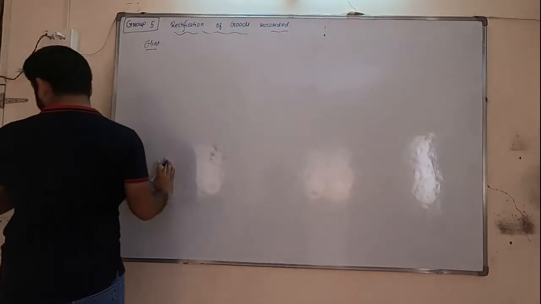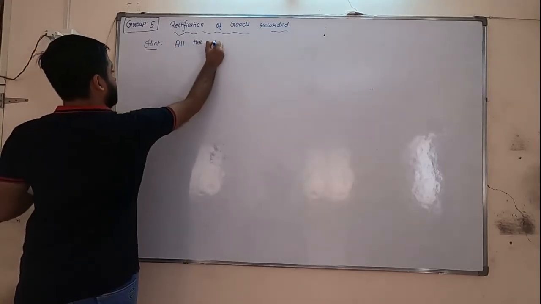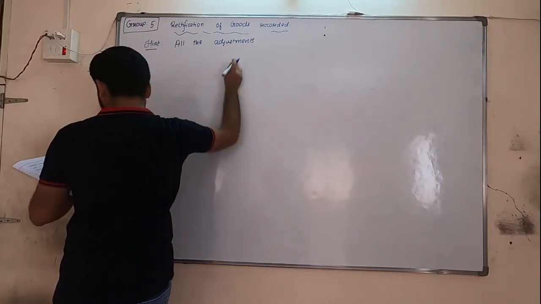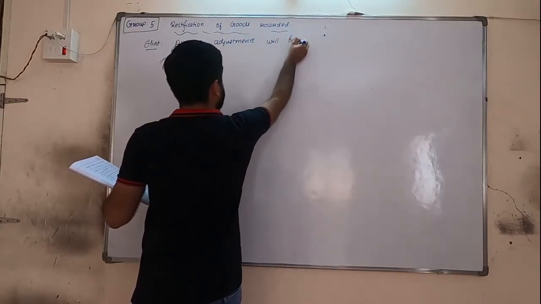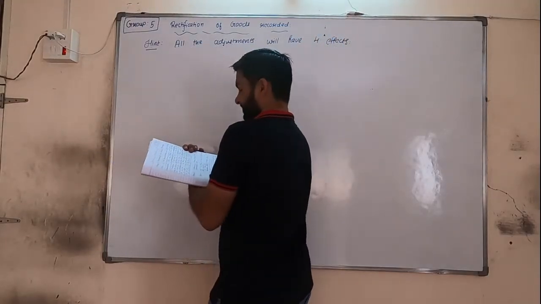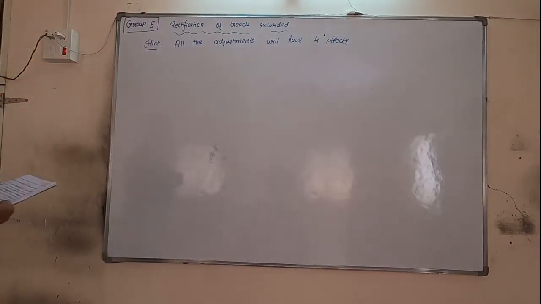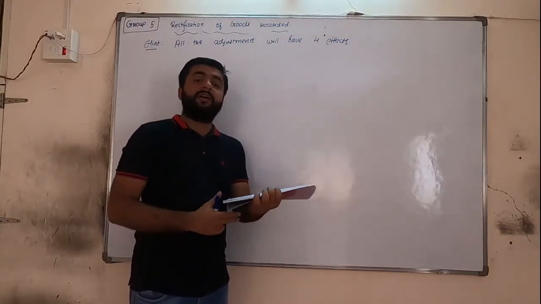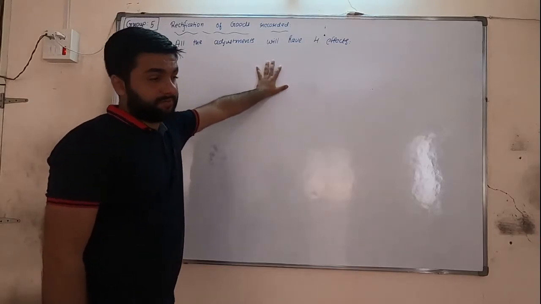Hint: all the adjustments will have 4 effects. Here each adjustment has 4 effects, friends. In rectification of goods recorded, every adjustment will have 4 effects.